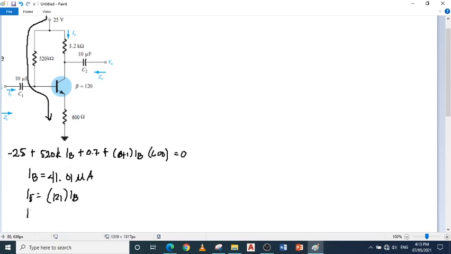So IE natin is equal to 121 times 41.01 microampere.